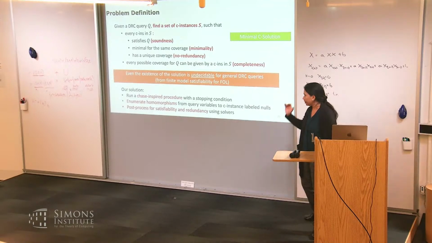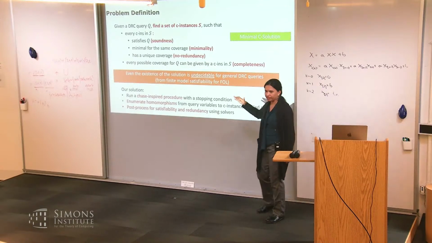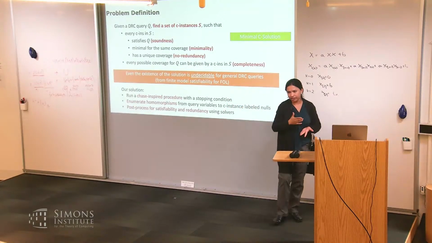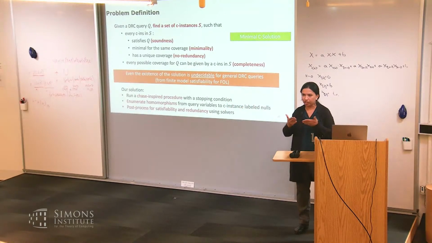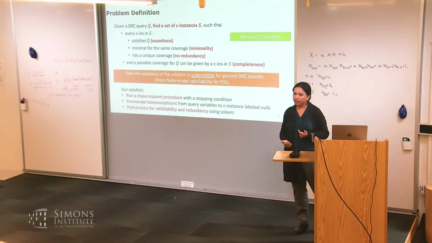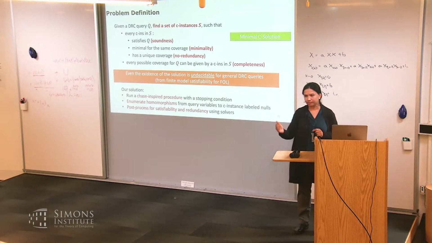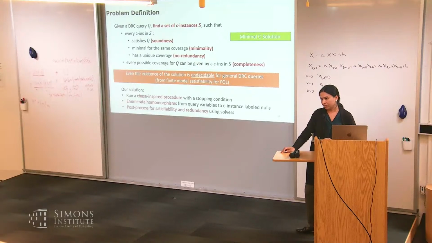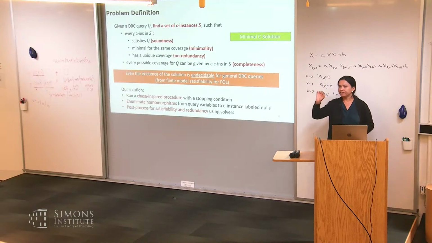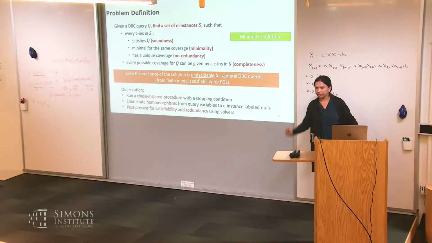You can have a stopping condition on time, or on the number of variables you are adding to the conditional instance. Are the labeled nulls invented by this chase? Yes, they are built from scratch, from an empty conditional instance.